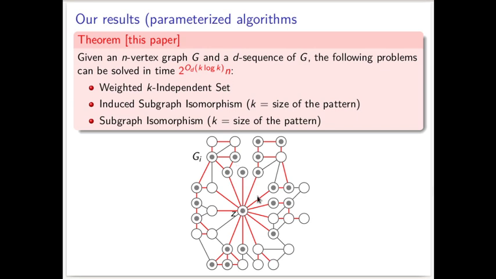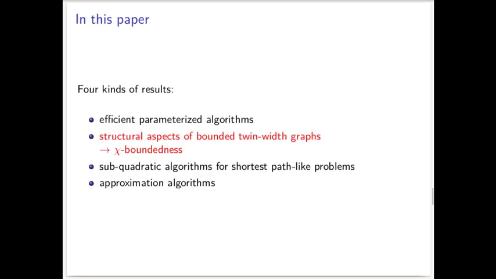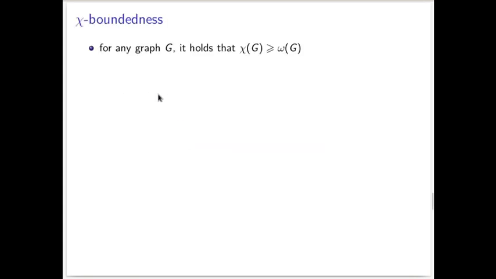So now let's consider the second point about structural aspects of bounded twin-width graphs. More precisely, we will prove that bounded twin-width graphs are chi-bounded. So what is chi-boundedness? For a graph G, chi of G denotes its chromatic number, and omega of G denotes the size of a maximum clique.